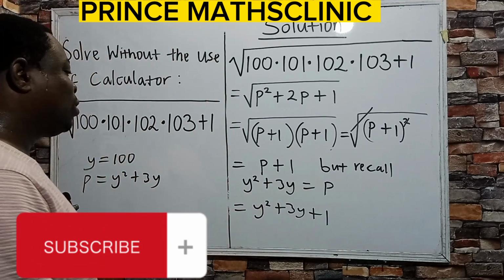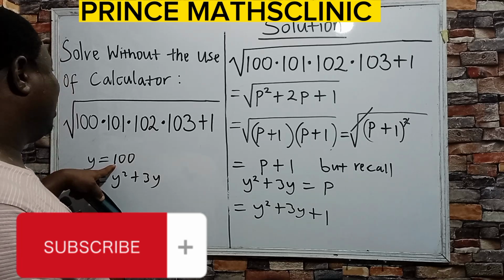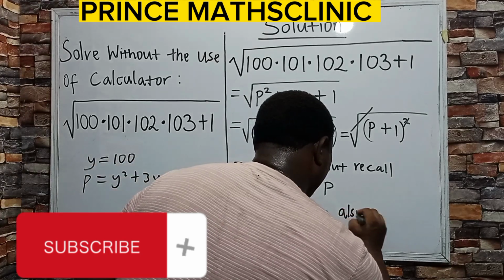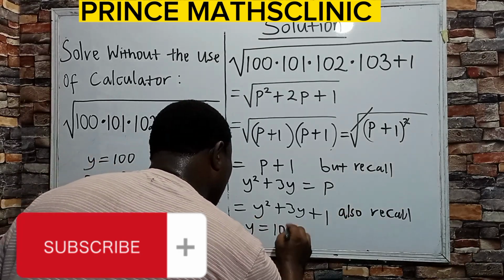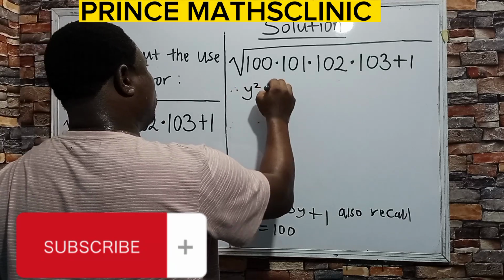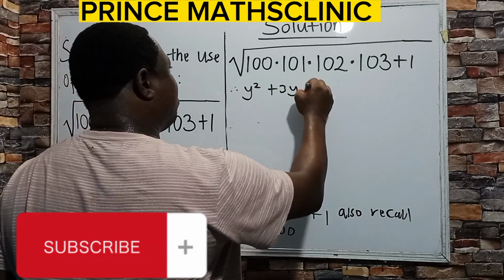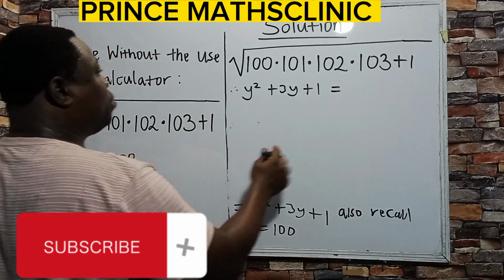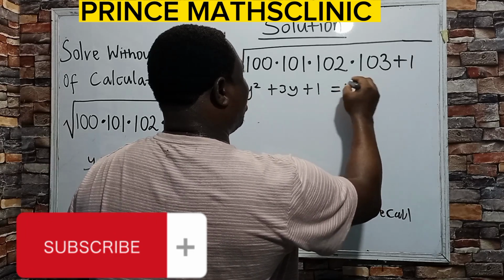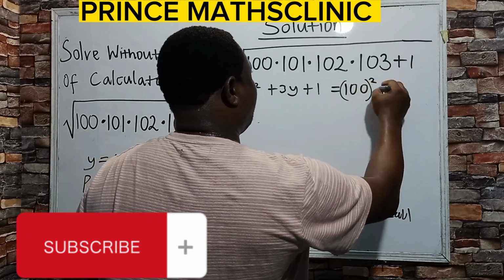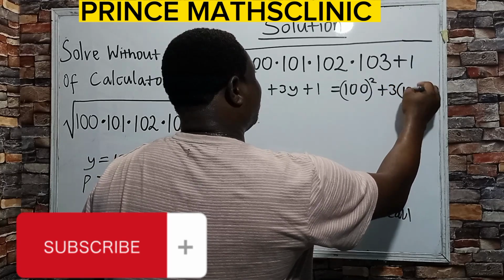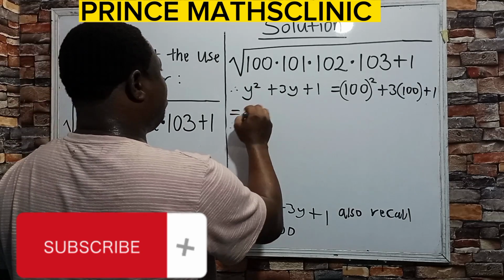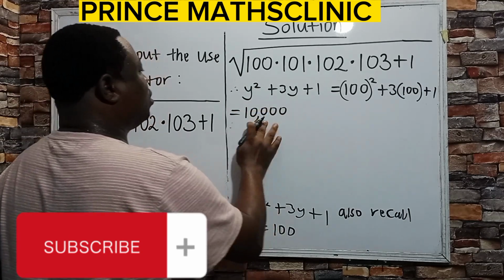And I said also that my y is 100. Therefore, y squared plus 3y plus 1 will now be equal to, anywhere I see y, I'm going to put 100. This becomes 100 squared plus 3 times 100, then plus 1. 100 squared is simply 10,000.